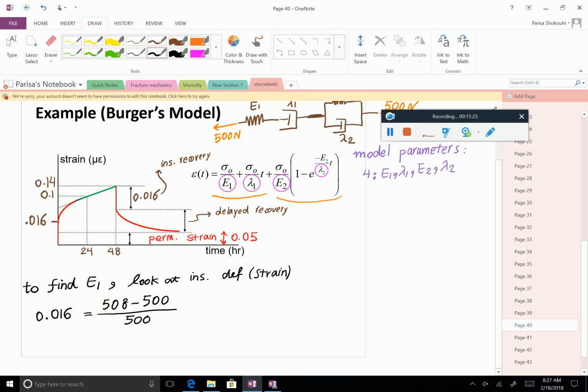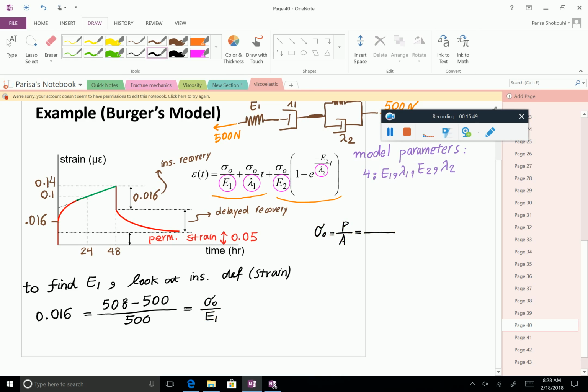So this should be equal to sigma 0 over E1. So it's useful first to calculate sigma 0. Sigma 0 is of course force divided by area.